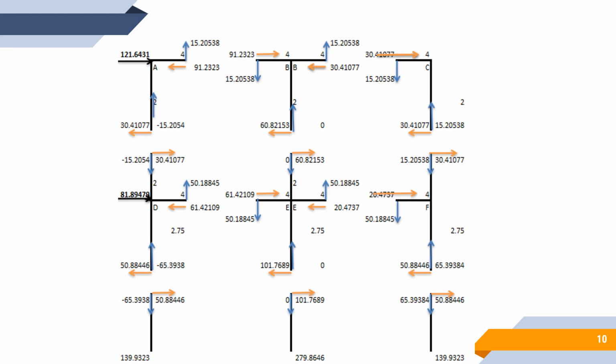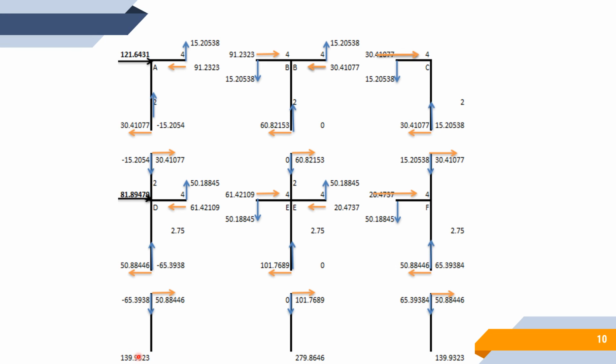So now, after being able to go through each of those joints, A, B, C, D, E, and F, our frame will now look like this one. Okay, so notice that there are moments here. So these are moments.